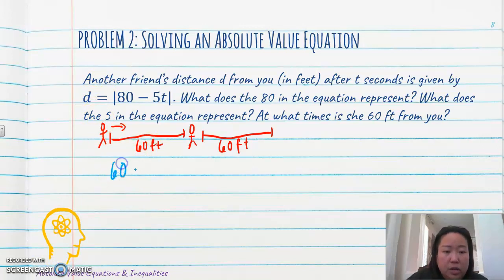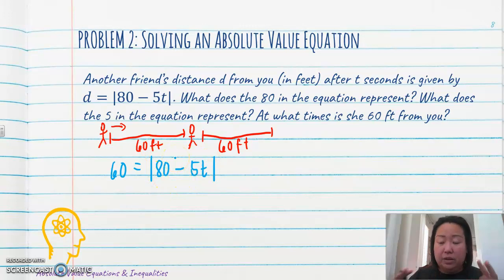So from our equation here, the distance that we are looking at is 60. So 60 should be the absolute value of 80 minus 5t. We're looking for t again. And as you can see, our absolute value expression is already isolated, it's already by itself, so we can proceed. Remember, how can we get an absolute value of 60?